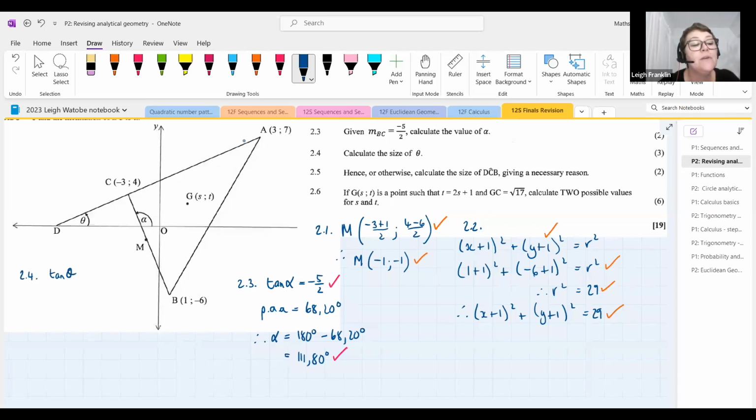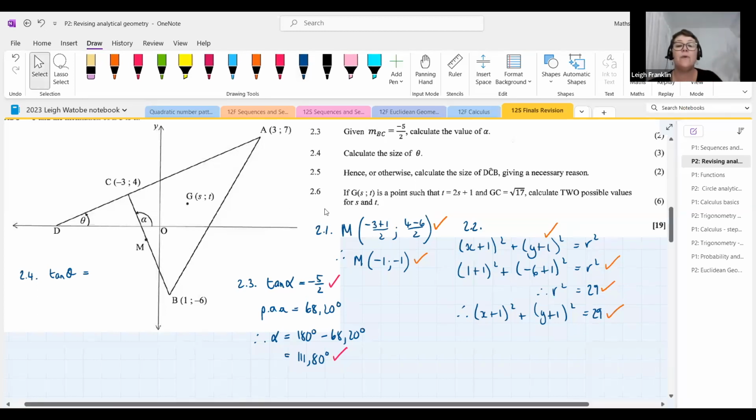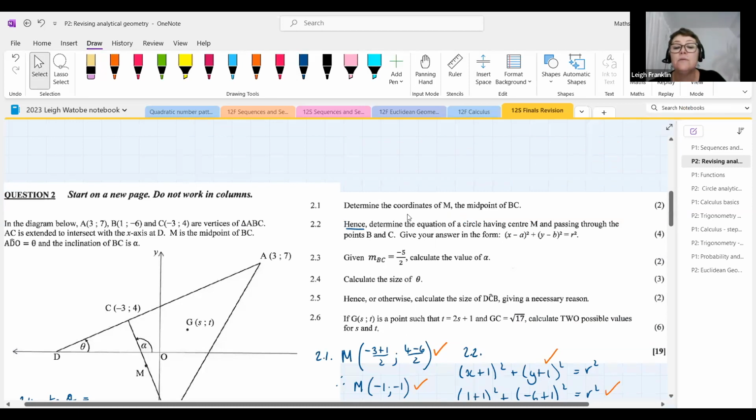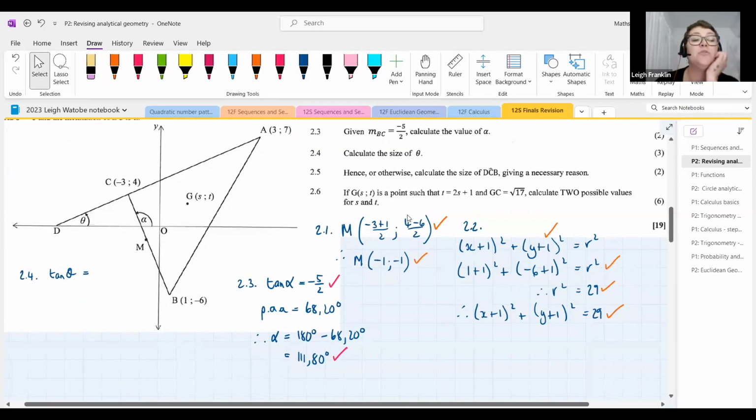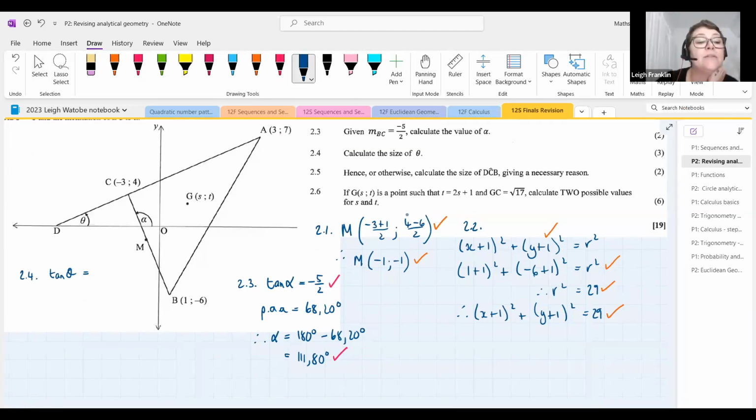So for tan theta, we're going to use the gradient of line AC. Do we have the gradient of AC? No, that's not a piece of information we've got, so we'd have to calculate it. So we would say (7 − 4) over (3 + 3). So therefore, tan theta would be equal to 3 over 6, so that would be 1 over 2.